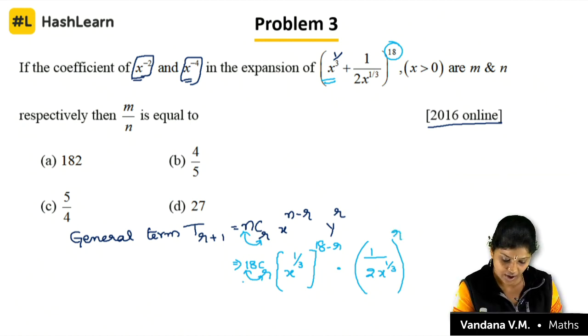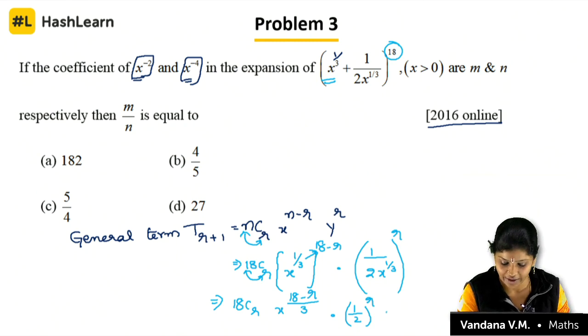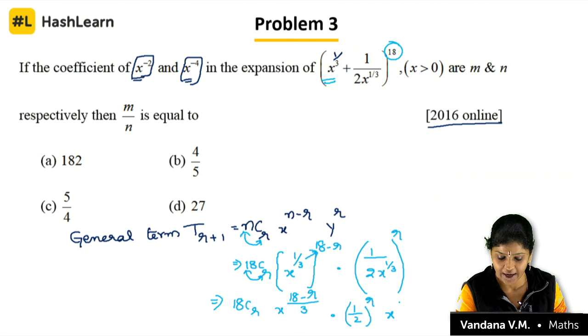Clear, right? So now you bring it to one side. 18CR x power, if you multiply these two, a power m whole power n is a power m into n. 18 minus r divided by 3 into 1 by 2 into r. If it goes to the numerator, x power minus 3r, r you can write it as r by 3. We can write like that also. Okay.